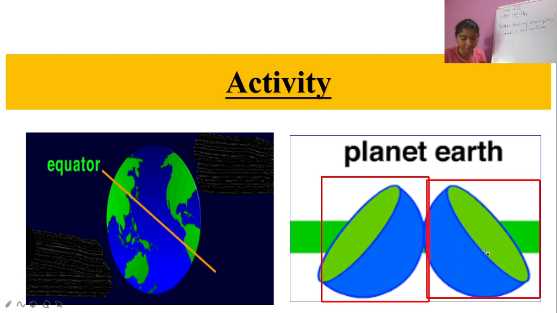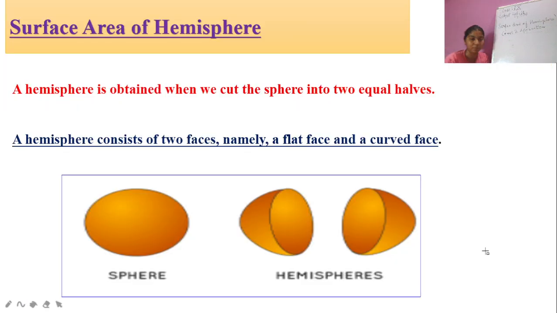Surface area of a hemisphere. A hemisphere is obtained when we cut the sphere into two equal halves. You have to cut it into two equal halves, then you will get the hemisphere. Students, if I draw a line in this sphere, after cutting I get two hemispheres.